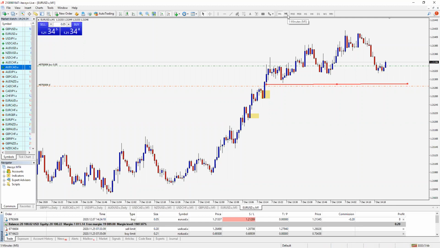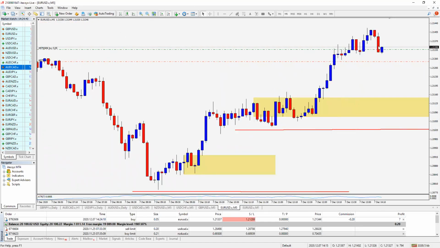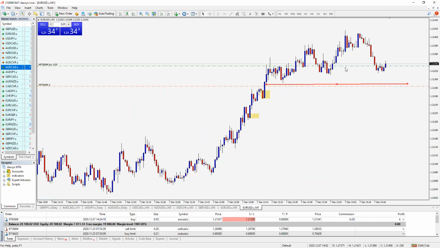Now I need to watch price closely, because that was a deep bearish movement, so this might create continuation. And of course, if we zoom into the 1 minute chart, you see the tiny supply there, correct?